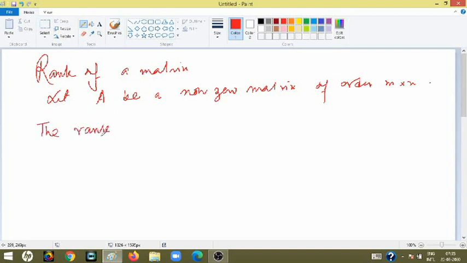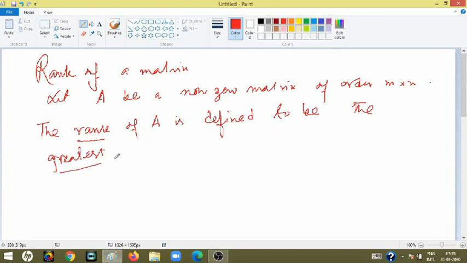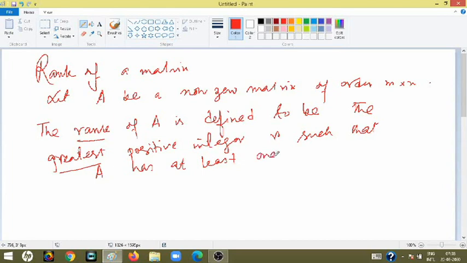The rank of A is defined to be the greatest positive integer r such that A has at least one non-zero minor of order r.